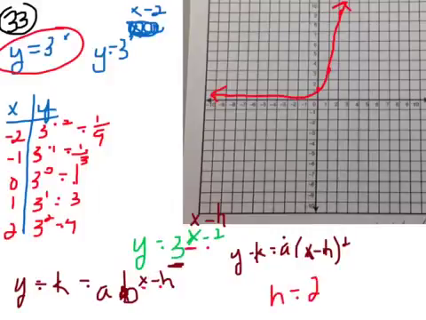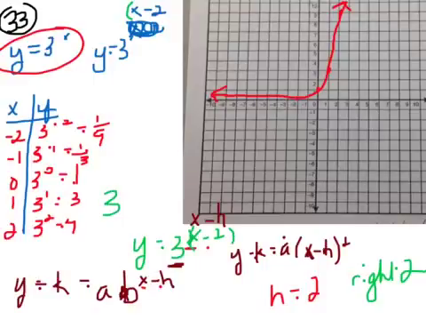That means I have a horizontal shift of positive 2, which means if I just take that graph that I have there and I move it right 2, I'll have the graph of my new function. And you can kind of check that out by looking at your calculator and typing both of these in. When you type this in, you'll need to make sure you put this exponent of x minus 2 in parentheses. You can type in 3, and then that exponential key that looks like a house top, and then in parentheses x minus 2 if you want to type it into your calculator.